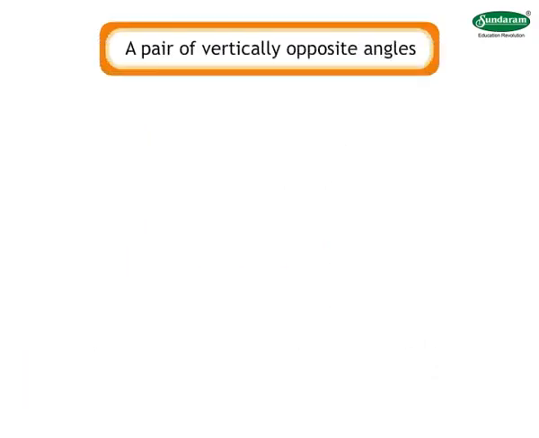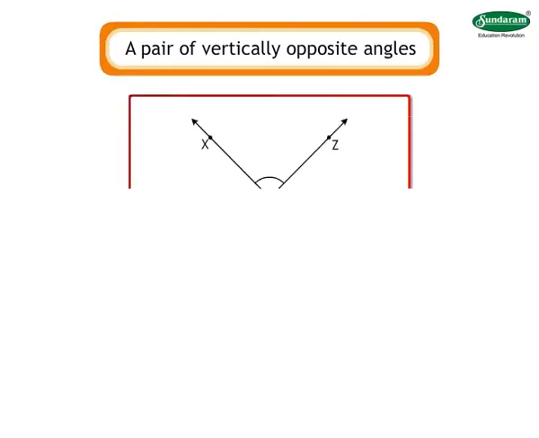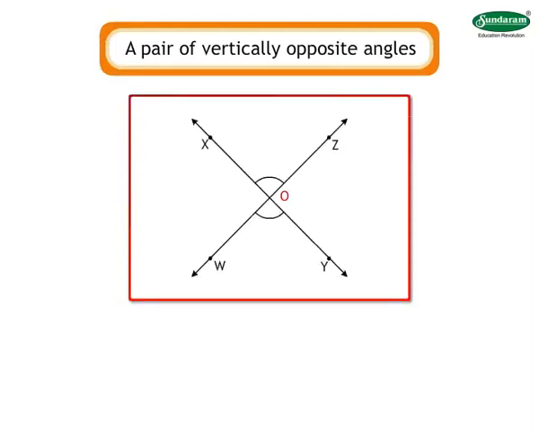Now let's study about a pair of vertically opposite angles. Look at the figure. O is the point of intersection of line XY and line WZ. Here, the arms OW and OZ of angle XOW and angle ZOY form opposite rays.